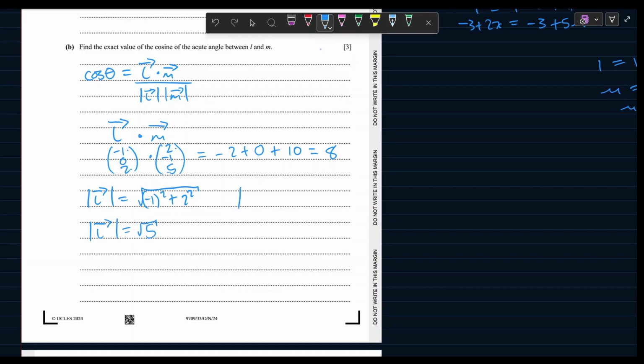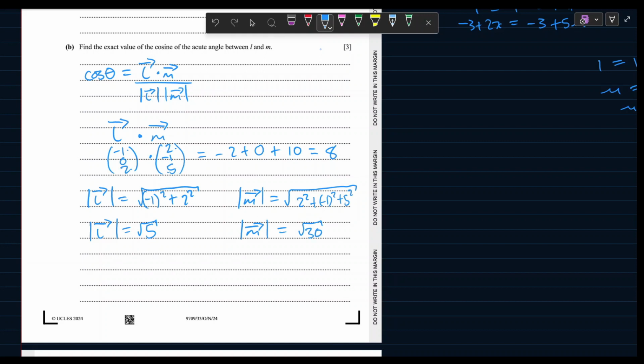And then the magnitude of the direction of M is equal to the square root of 2 squared plus -1 squared plus 5 squared. So that's 4 plus 1, 5, plus 25, 30. So the magnitude of the direction of M is equal to root 30.